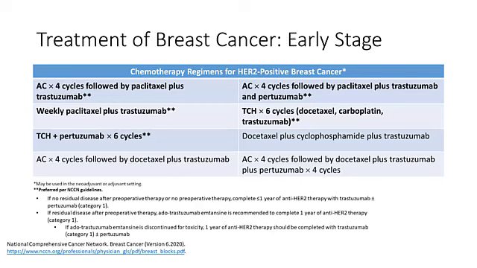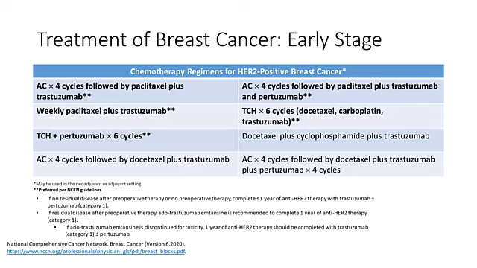For years, we've been using 1 year of trastuzumab plus or minus pertuzumab to complete the 1 year of therapy, but based on the KATHERINE study, the recommendation is now that if there is residual disease at time of surgery after neoadjuvant chemotherapy has been completed, the recommendation is to complete the year of anti-HER2 therapy with ado-trastuzumab emtansine versus just using trastuzumab plus or minus pertuzumab.